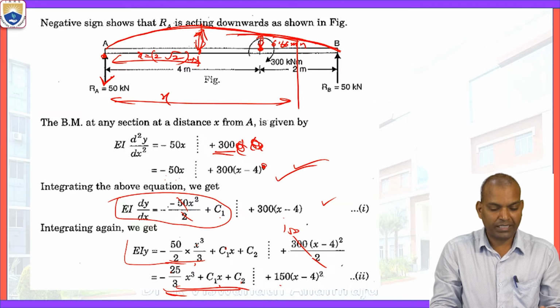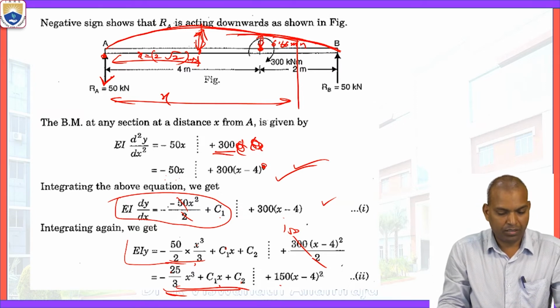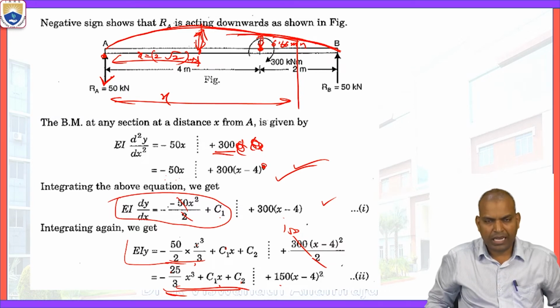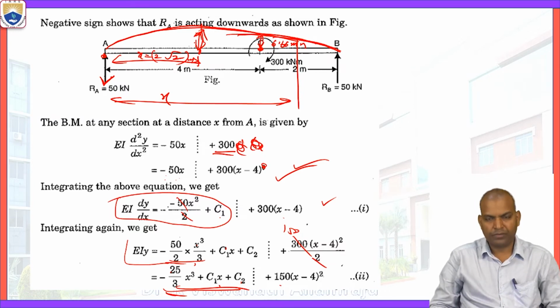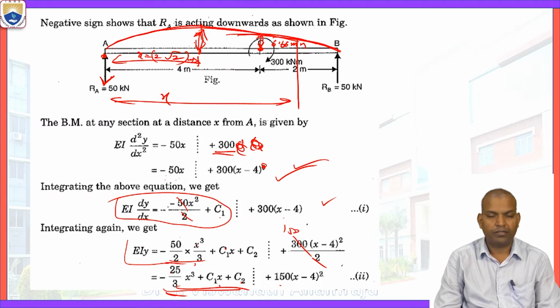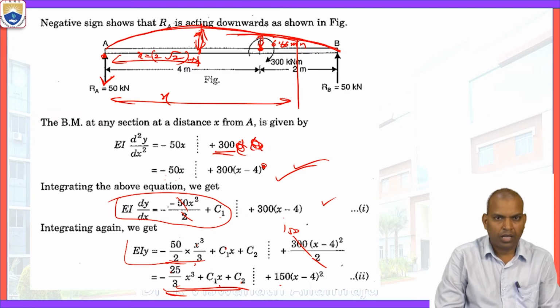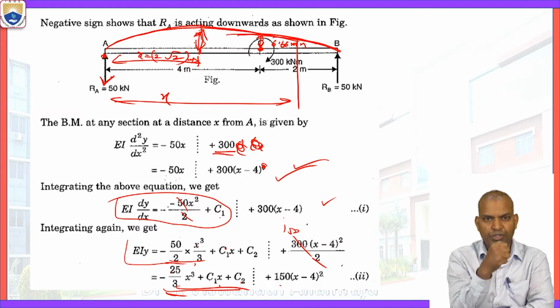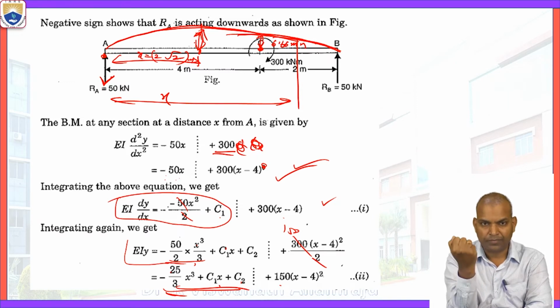So far we have completely covered how slope and deflections are calculated for various sections of beams by using a very simple and easy method, that is Macaulay's method. For all types of loads, point load, UDL, uniformly distributed load, and a combination of concentrated load plus uniformly distributed load, for a simply supported beam and also for an overhanging beam.